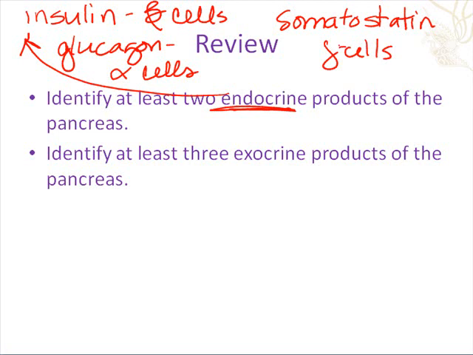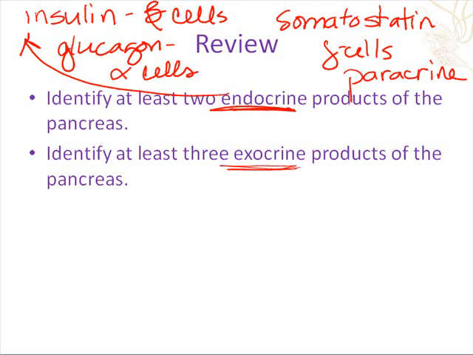So basically, it helps to fine-tune and adjust when the beta cells are more active and when the alpha cells are more active, based on how much sugar is in the blood, based on intake of fatty acids and amino acids, etc., from the meals that you eat. So somatostatin is sort of the modulator for insulin and glucagon, and it acts as a paracrine. Because it only influences the alpha and beta cells, it doesn't get released into the blood and circulate around the body the way insulin and glucagon do.